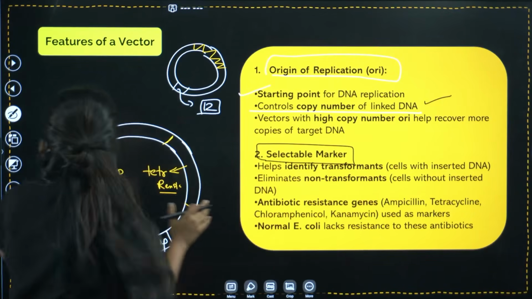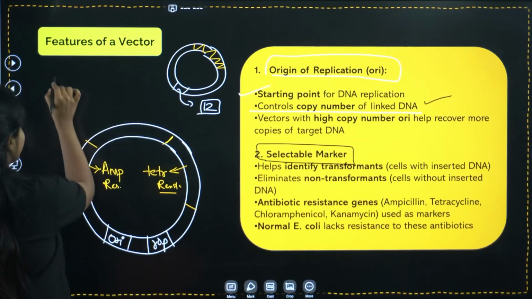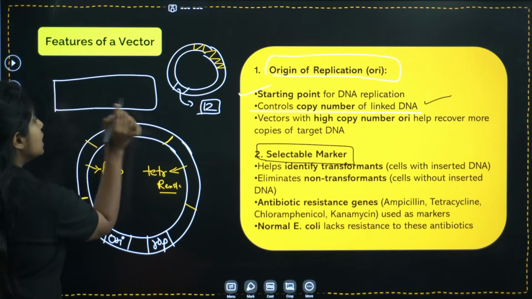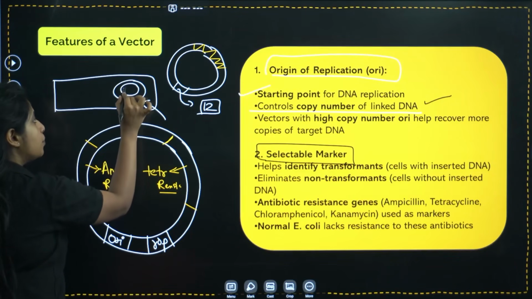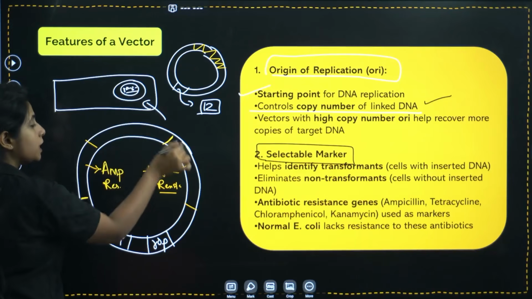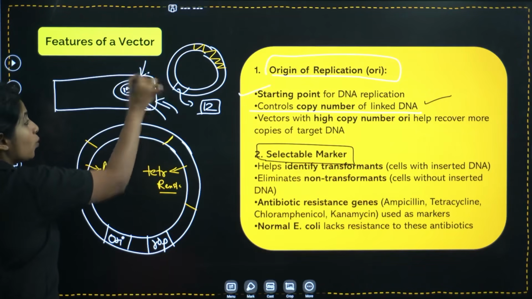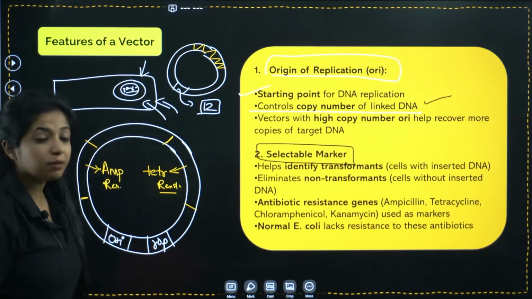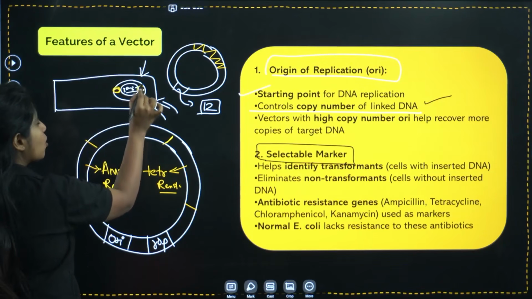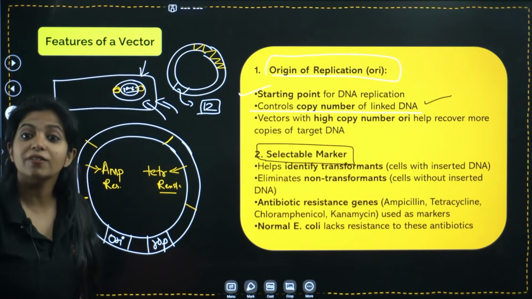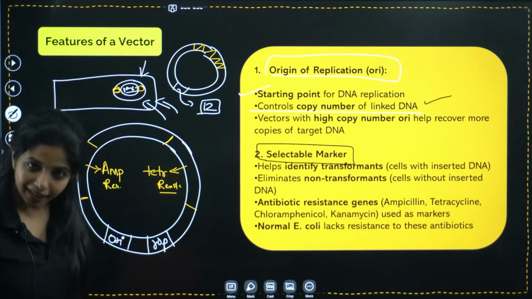Suppose a cell has pBR322. I have put the pBR322 plasmid into one particular cell. What do I mean by that? I mean that now it is going to be ampicillin resistant and also tetracycline resistant, right?